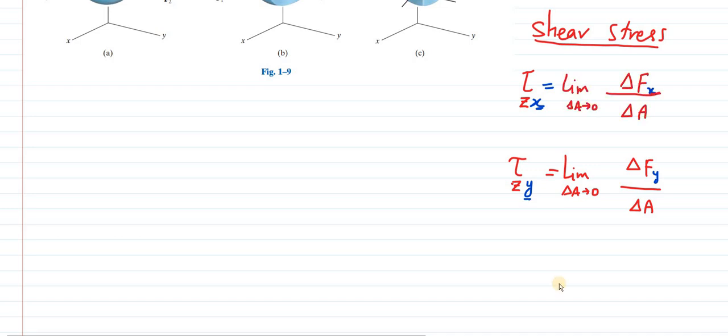So this is the same y as you see over here. The direction of the force is the same as the direction of the stress, and this z represents the plane on which this shear stress is acting.